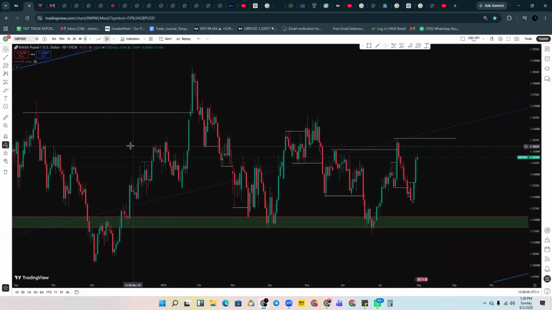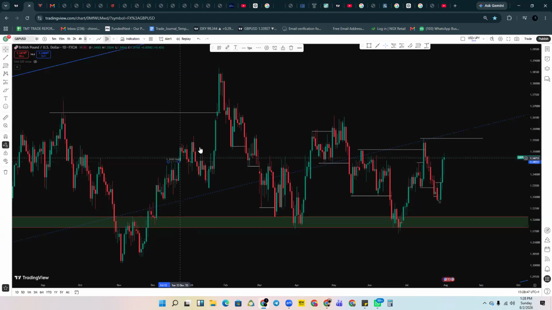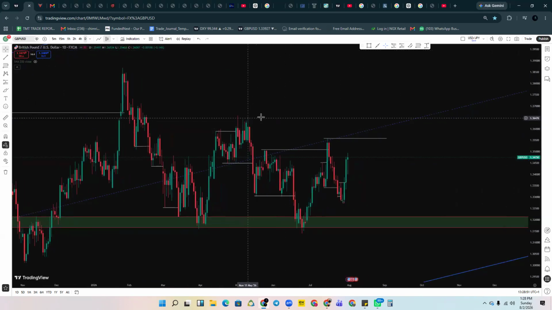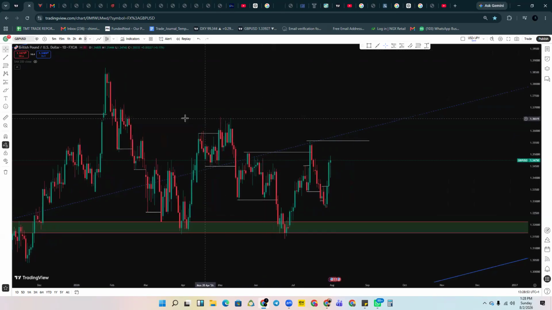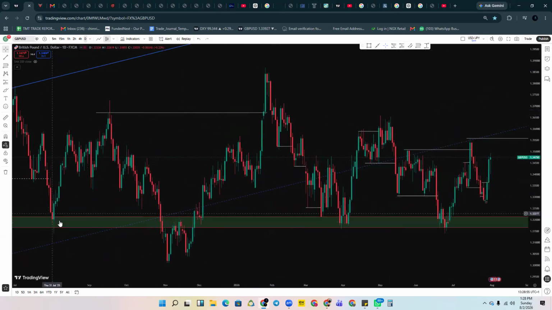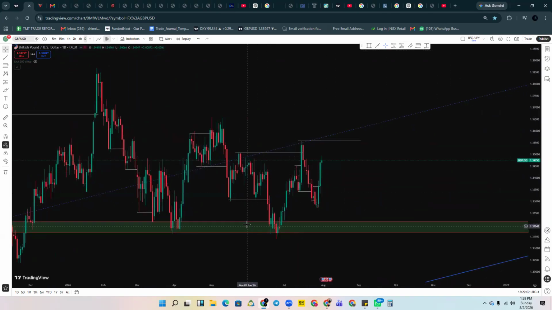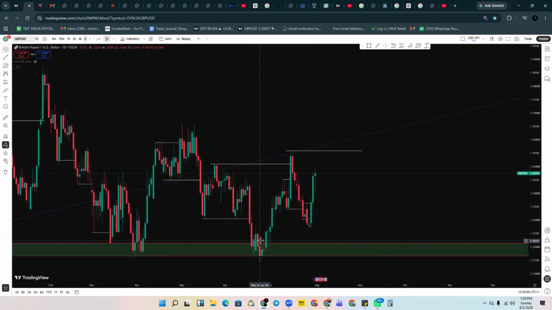The movement has been quite confusing because of the structures that have been forming. So we could see that we had price expecting this level, several rejections on this level. And currently we can see the buyers pushed in price to break this high, and we have a pullback.